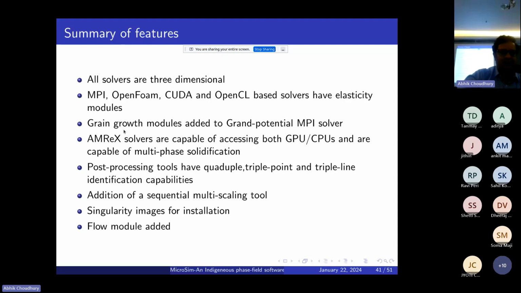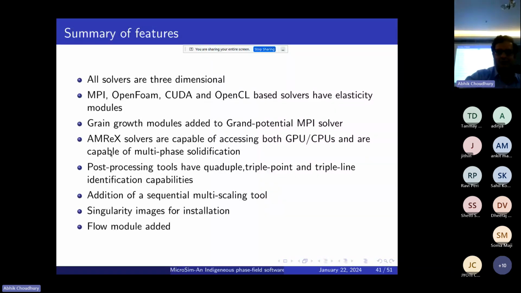So AMReX solvers are present for multi-phase precipitation and solidification. In addition, AMReX solvers give you the added flexibility that you can use the same code for CPU and GPU. For example, the CPU code that we have here can run only on the CPU, but we have an alternate CUDA code that runs on the GPU. But we want to have interchangeability. You can launch the different solvers on CPU and GPU separately.